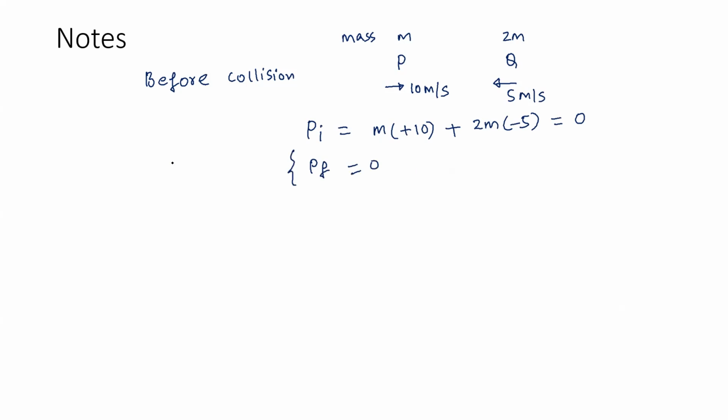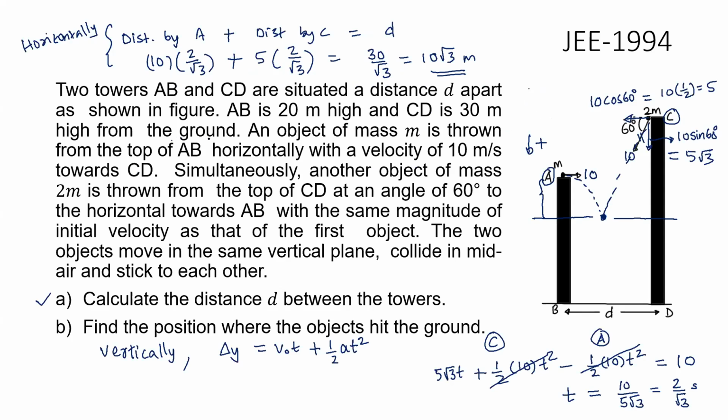Okay, so after collision, once these two particles stick to one another, there is no horizontal speed. So that means the particle is going to just drop from there as it is. You guys understand? Okay, so this is just going to drop like this. So all we have to do is, let's say if I'm trying to calculate from B, this is the distance I need to find.